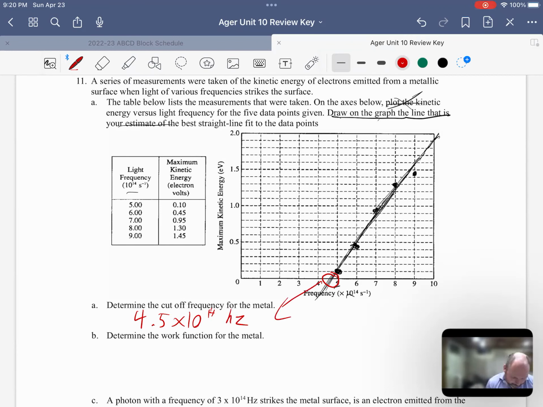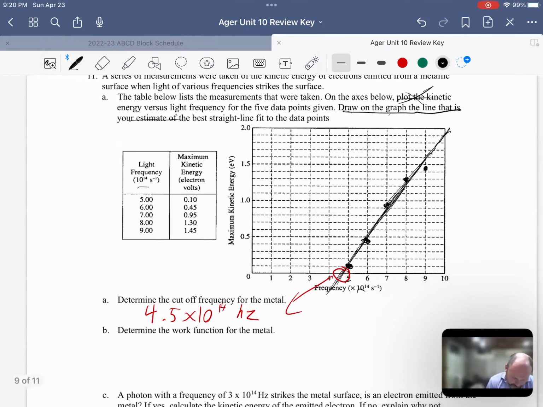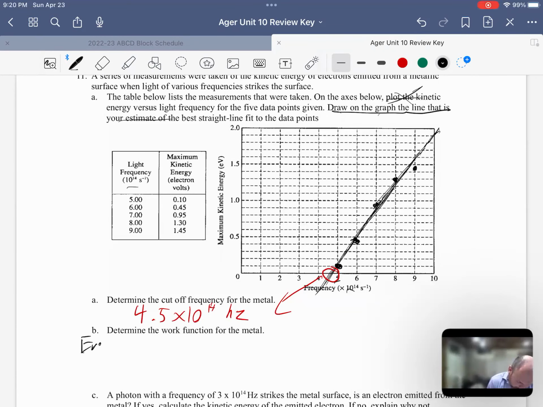All right. Determine the work function of the metal. The work function is the energy associated with the cutoff frequency, the energy of cutoff. So the energy of a wave is just equal to h times f. I'm using this equation because I know the frequency.